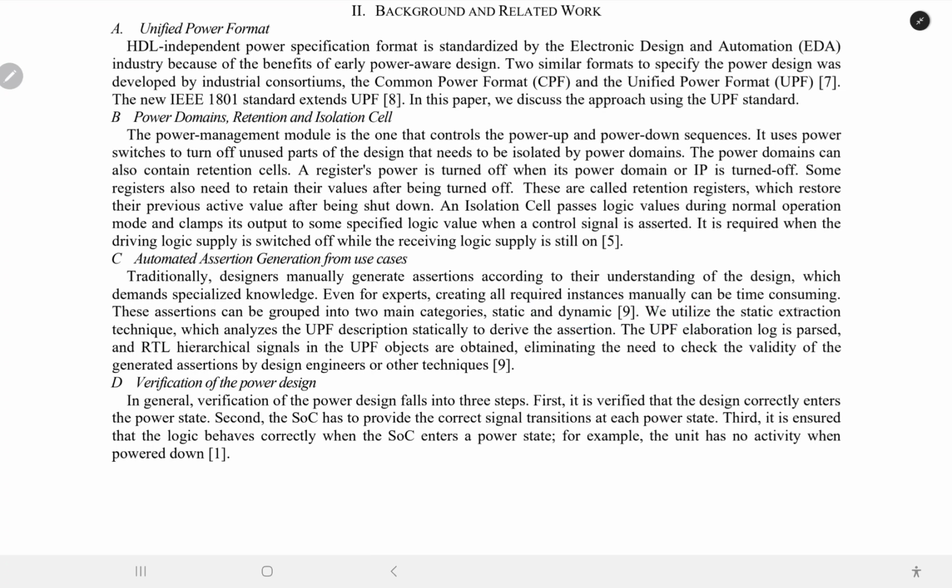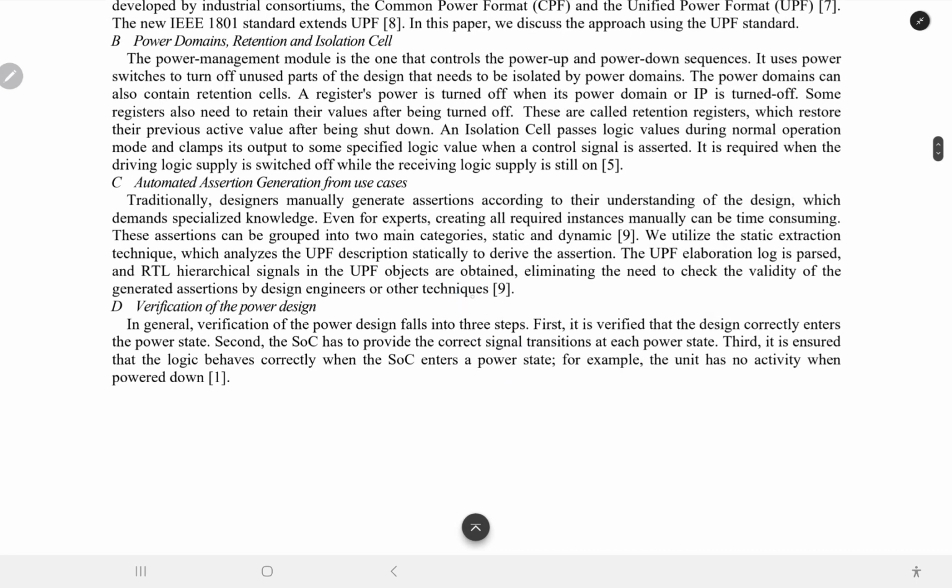We utilize the static extraction technique, in which we analyze the UPF description statically to derive the assertions. The UPF elaboration log is parsed and RTL hierarchical design signals in the UPF objects are obtained, eliminating the need to check the validity of the generated assertions by design engineers or other techniques.